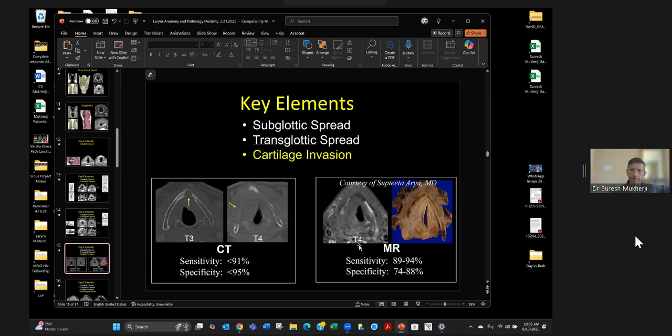And if it is a non-ossified cartilage, would you like to look at a bone window or a soft window? That's a great question. From my standpoint, if it's non-ossified, I don't think CT is very good at all.